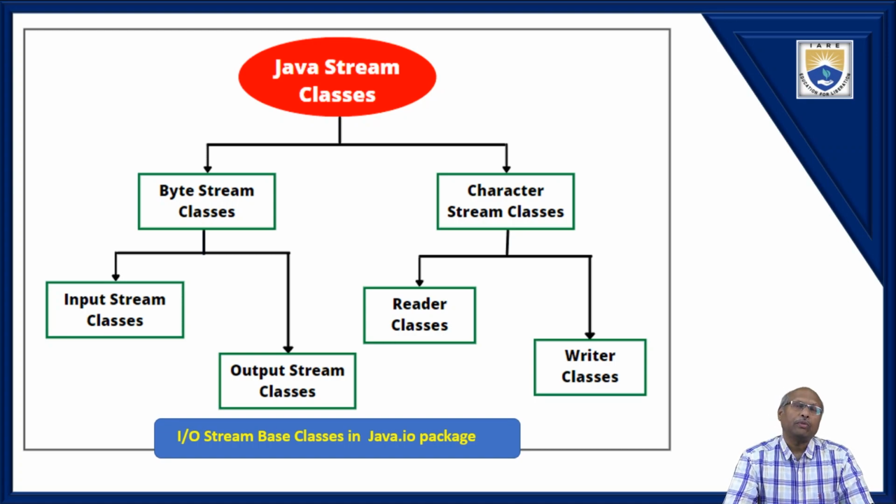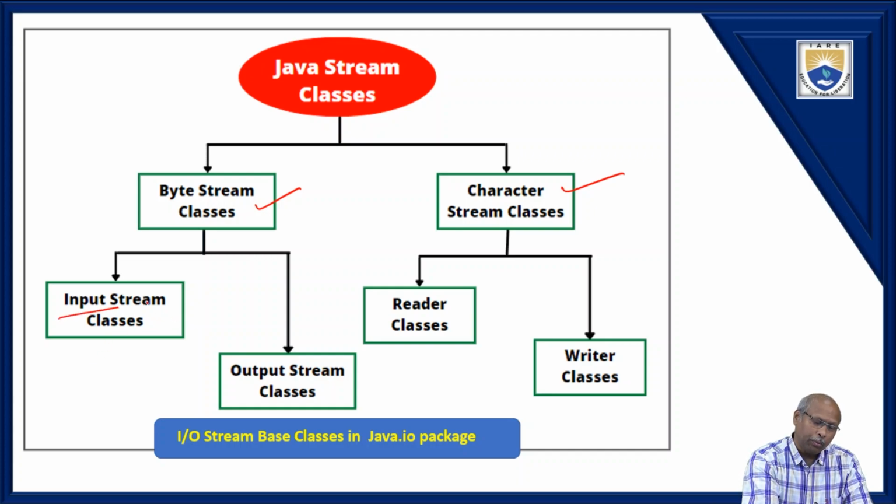Java supports different types of streams, which allow different kinds of data. We can broadly divide the streams into two types: one is byte stream, second is character stream. The byte stream allows you to read data as well as write data in byte-oriented form. For reading purposes, you can use input stream.